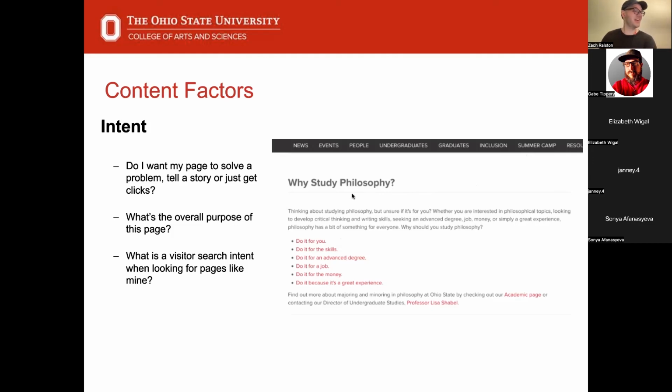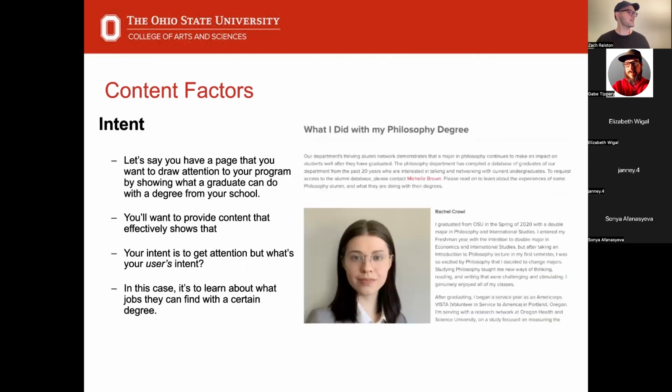Which is why I chose philosophy to highlight that, because I feel like the folks in philosophy would want to really drive home that, yeah, there are things you can actually do with a philosophy degree. Do it for yourself, skills, advanced degrees, jobs, things like that. Needless to say, the philosophy folks are making a good argument, which is not a big surprise there.